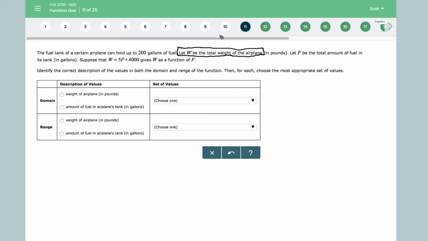Okay, so that's W. Now let F be the total amount of fuel in the tank. Okay, good. Those are important.